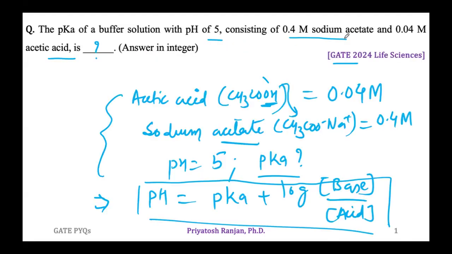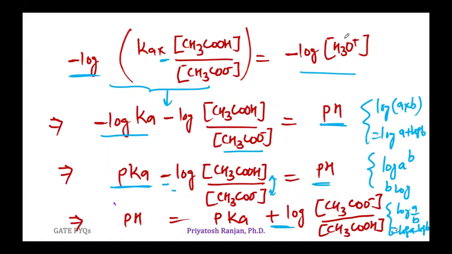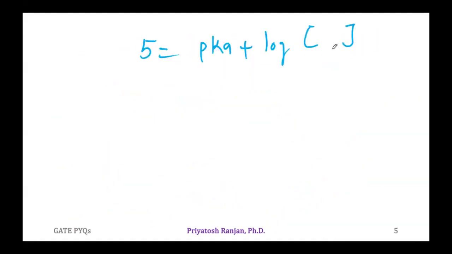I just need to put the value. pH given is 5. pH equal to pK, I need to calculate log concentration of base. The concentration of base is 0.4 molar and the concentration of acid is 0.04 molar. So I can rewrite those values.